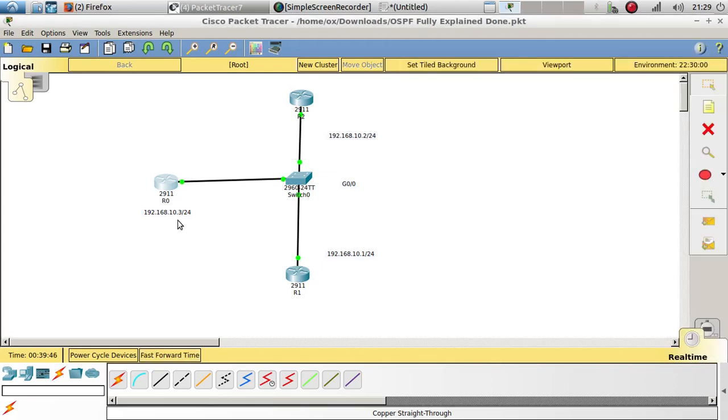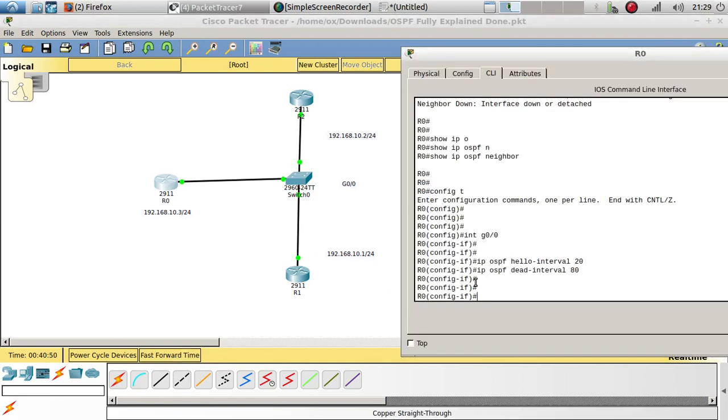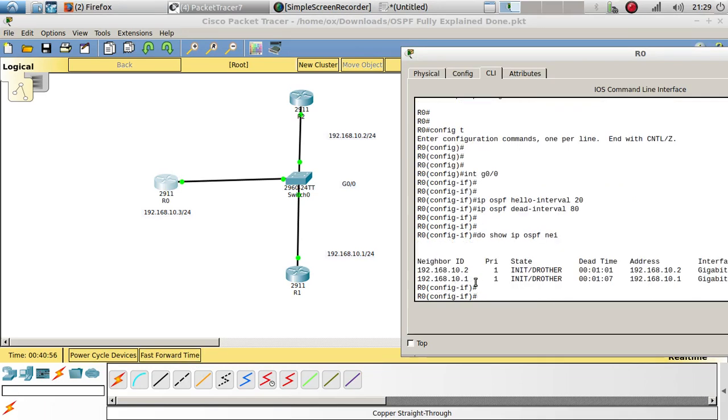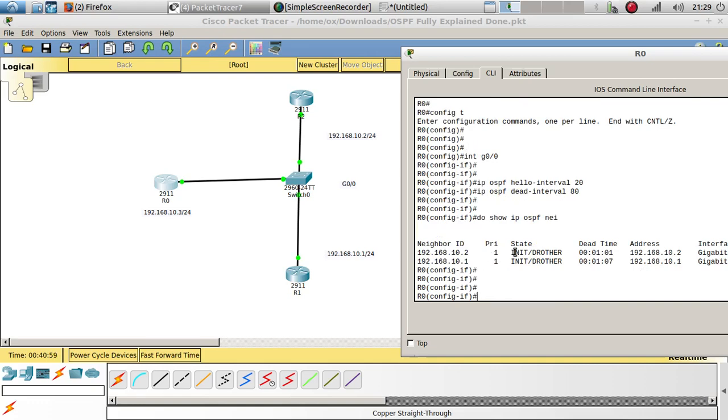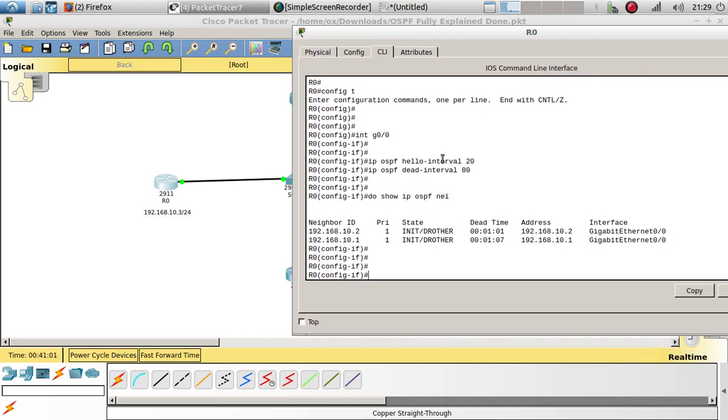And now if you fast forward and do show IP OSPF neighbor, you can see that it is initiating. It's just taking a little bit longer because we put this to 20 seconds.